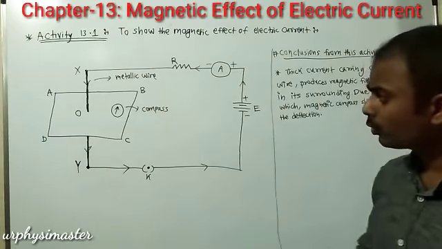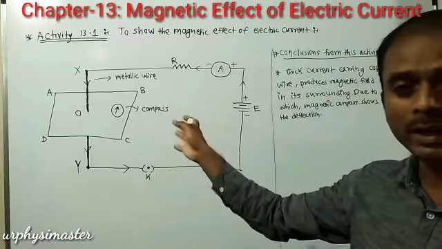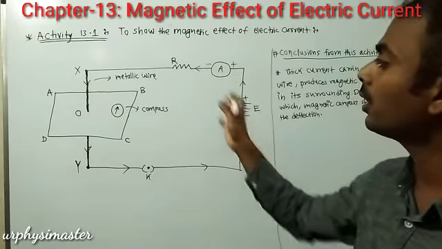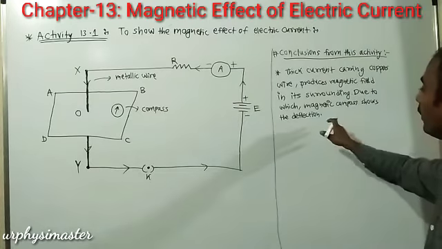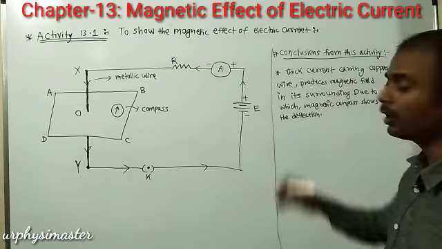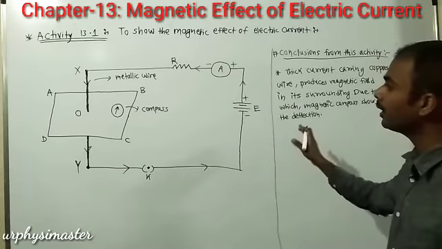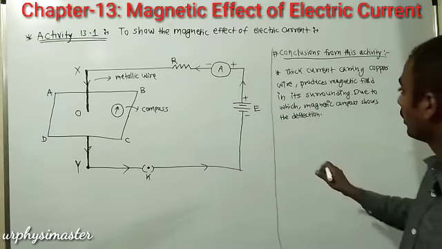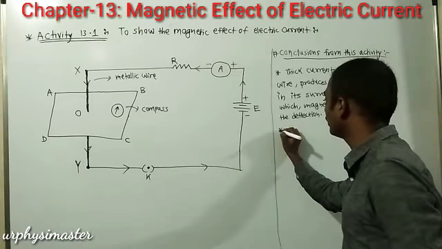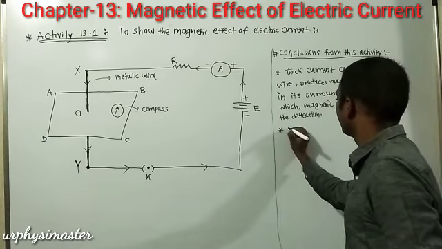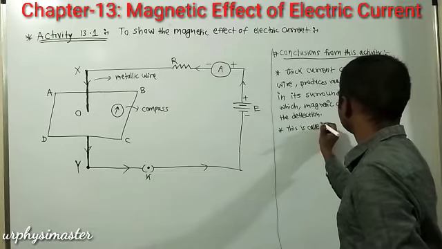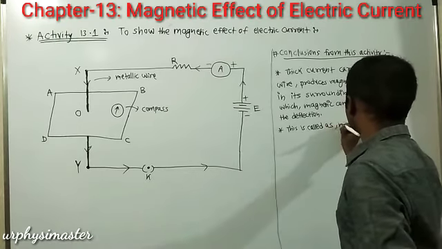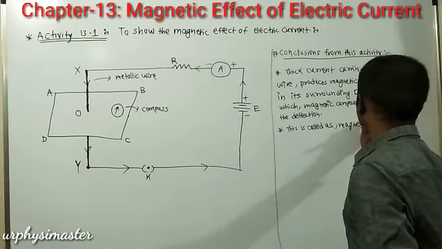So this effect of producing magnetic field by the current carrying wire is called the magnetic effect of electric current. So this current carrying wire is acting like a magnet.